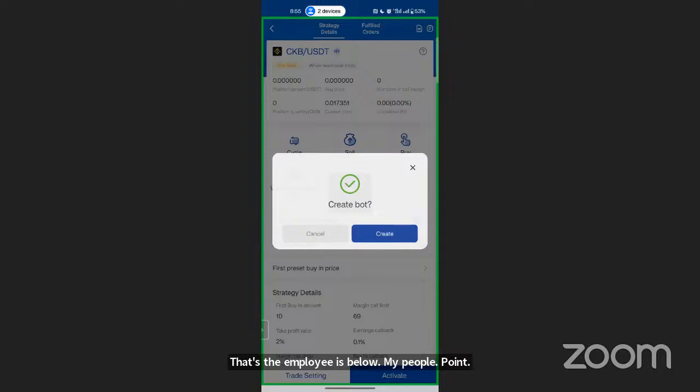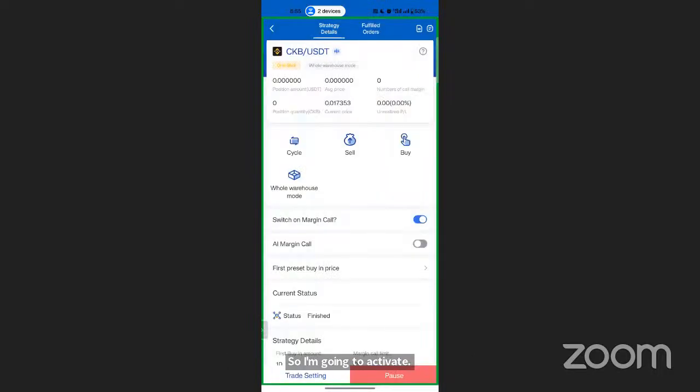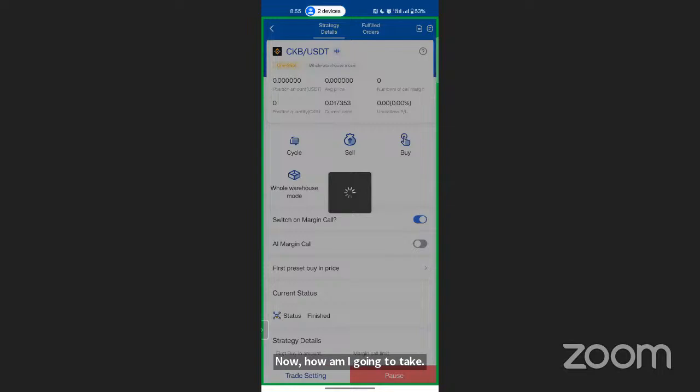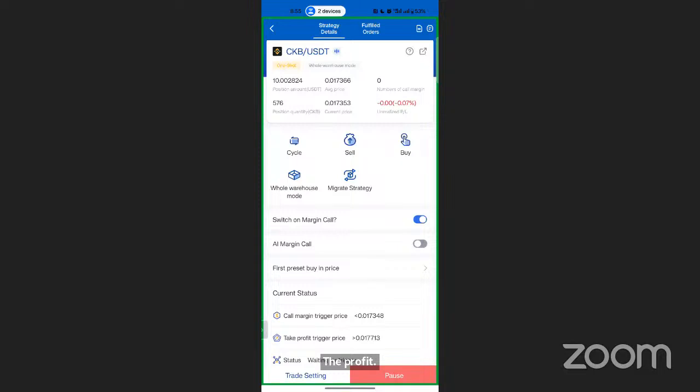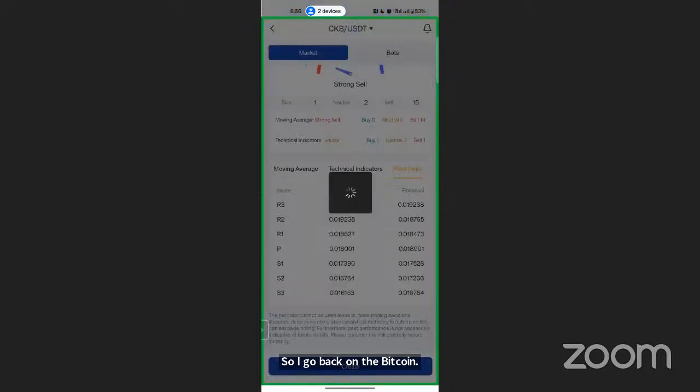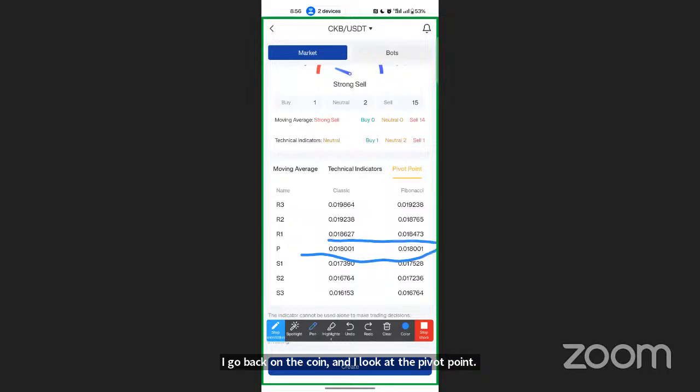Now, how am I going to take the profit? I want to take the profit at the pivot point. So I go back on the coin and I look at the pivot point. Can we see the pivot point? 0.001. So I come on the coin again.